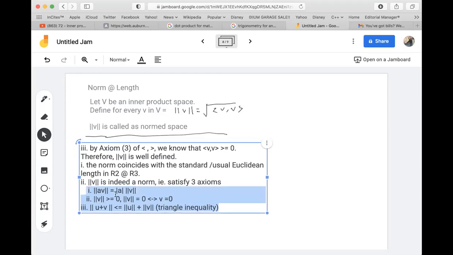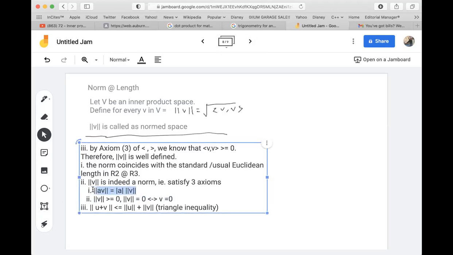For the second one, it is not that difficult, because we can use axiom number 3, the positiveness. Let us have a look at the first axiom.